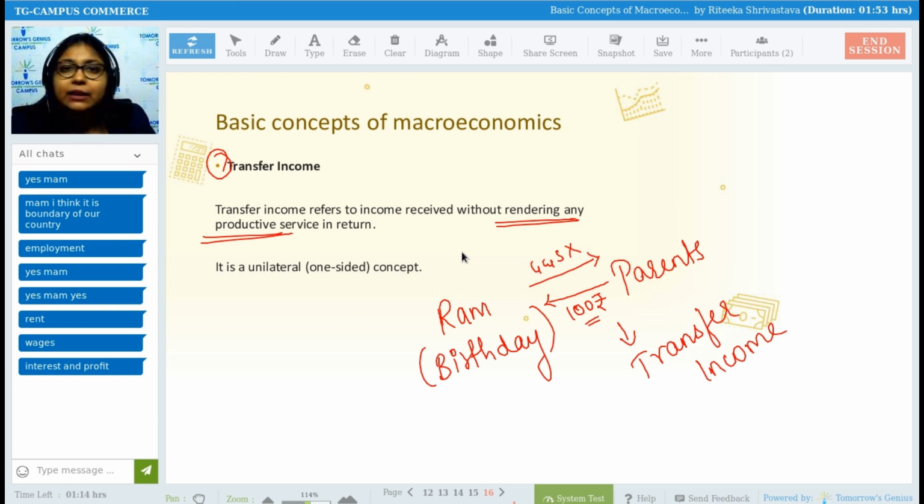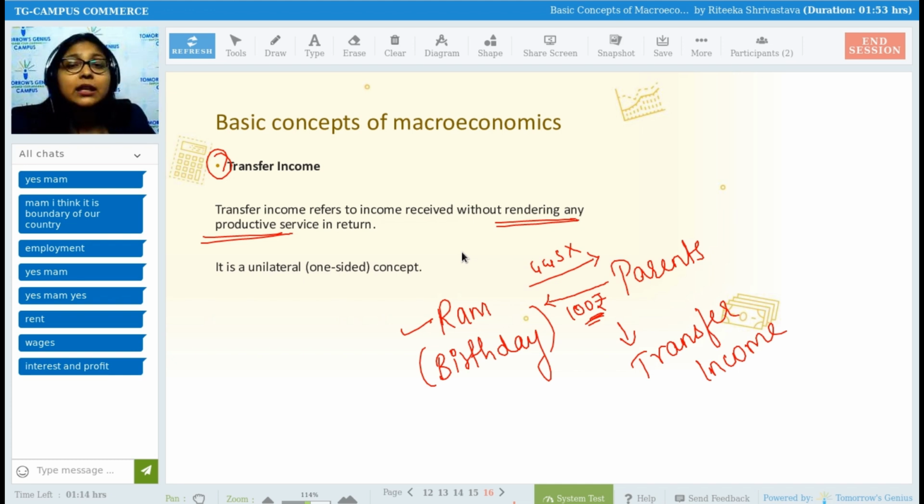You are not giving them anything, but still you are receiving money. So those kinds of incomes, this 100 rupees, are called transfer income.